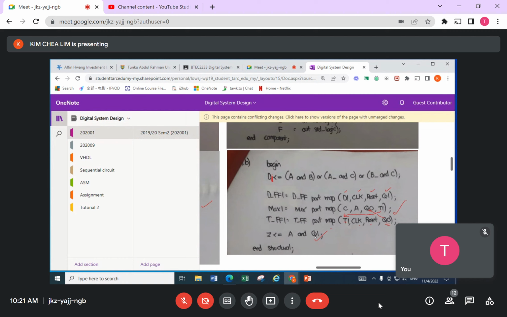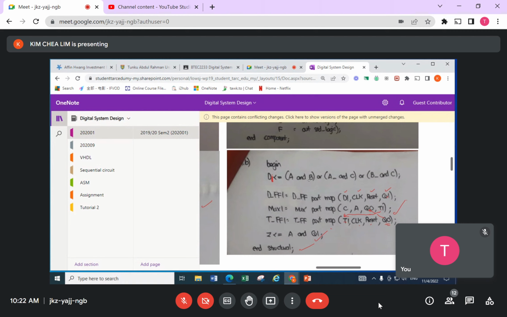So lastly is our A and Q1, which is a wire from here. This wire now becomes input to our AND gate, and with the A we get our set here. Then don't forget to end your structure.